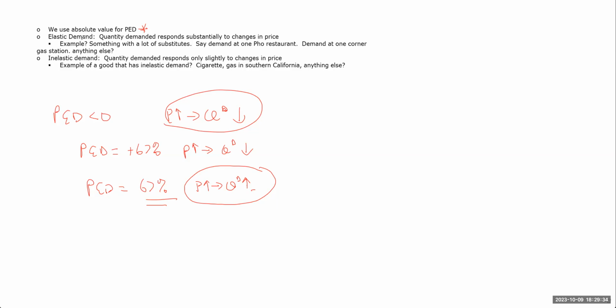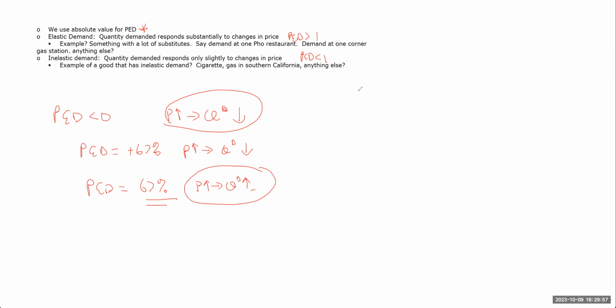All right. Elastic demand: quantity demanded responds substantially to changes in price. Usually it's PED greater than 1. Inelastic demand: quantity demanded responds only slightly to a change in price. PED is usually less than 1 in these cases.